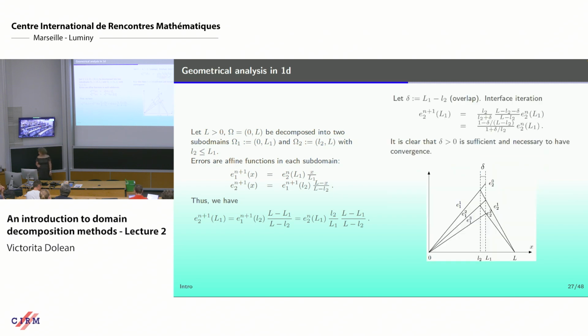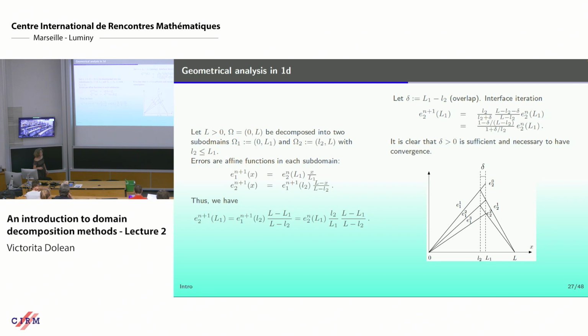So I hope this is clear. Now this is a graphical representation of what you have just seen, of all these computations. So let's have a look at it. You have the domain 0 to L. 0 to L1 is the first domain, L2 to L is the second domain. I start with the initial guess, which is this E2 naught.